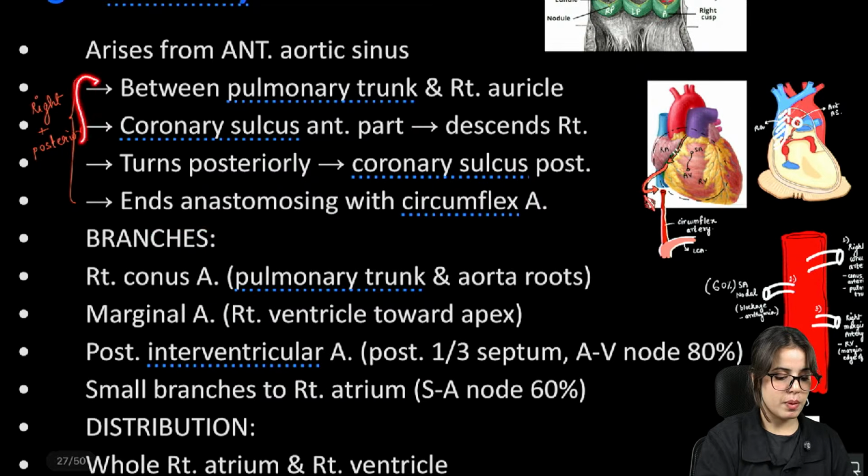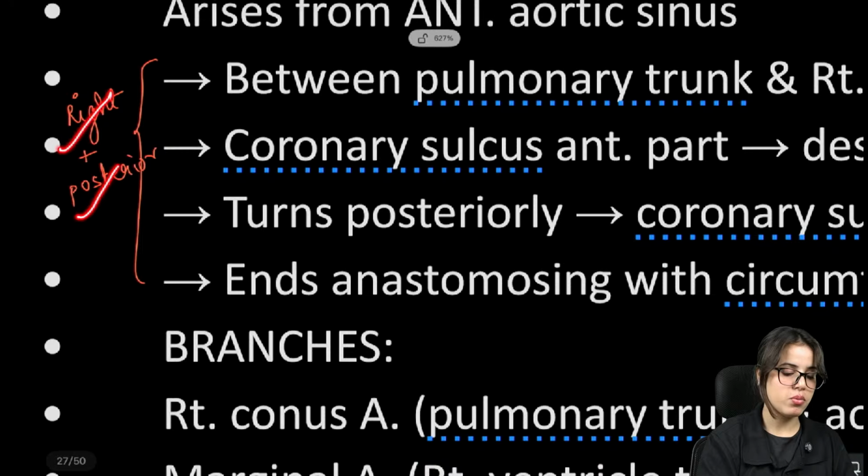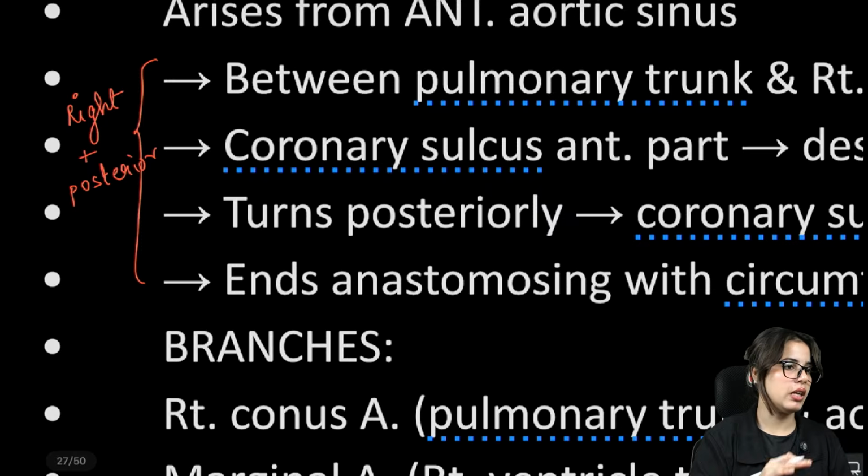Now, if you don't remember the course of the right coronary artery, just remember that it covers right and posterior. And then logically come to this realization that wherever its course is, it's going to provide supply to that area.